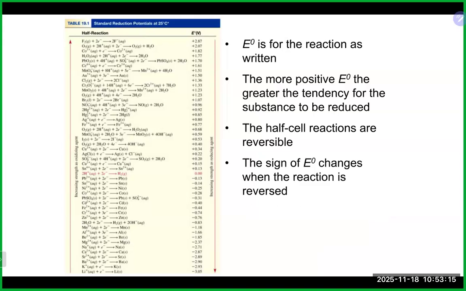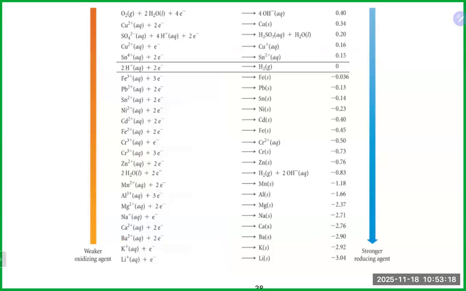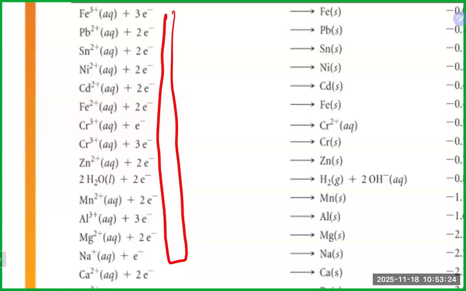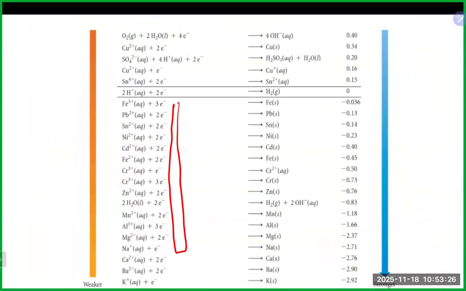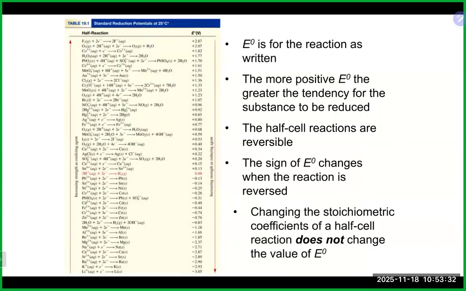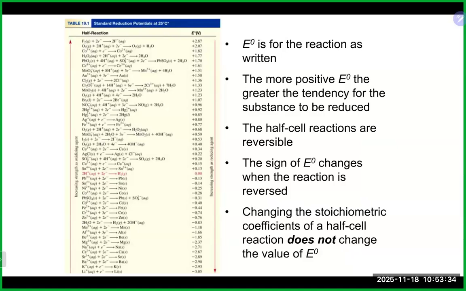And since this is a standard reduction potential, you will see they all are adding electrons on the reactant side, which means all of the reactions that you find in this table are written as reduction reactions. That's important because in a galvanic cell we have both an oxidation reaction and a reduction reaction, but you will only find reduction reaction values in this table, hence the name SRP, standard reduction potentials.